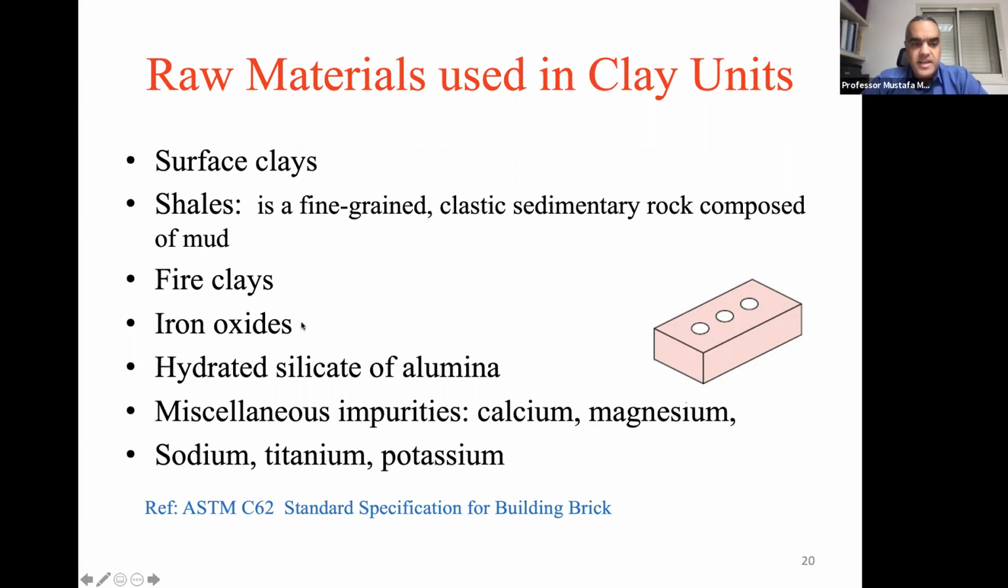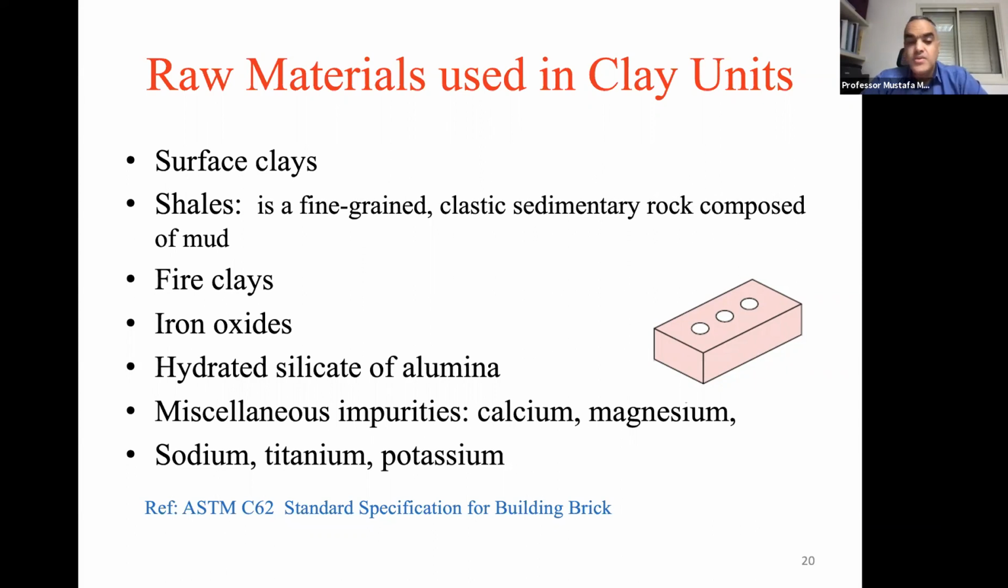For fire clays, we have iron oxides, hydrated silica of alumina, and miscellaneous impurities: calcium and magnesium, sodium, titanium, and potassium. So, there's an ASTM C270, a standard specification for building brick, that shows all these components and explains the different components and the function of each one of them.